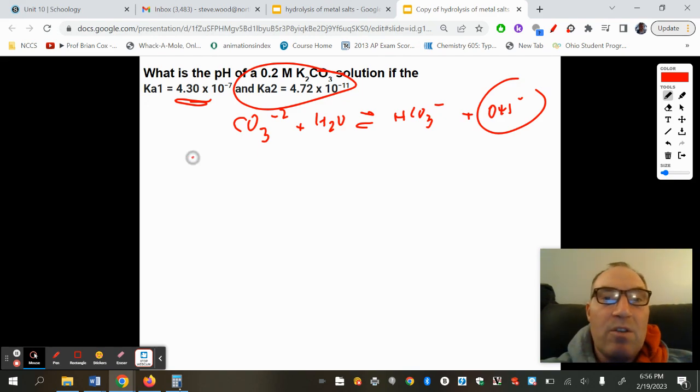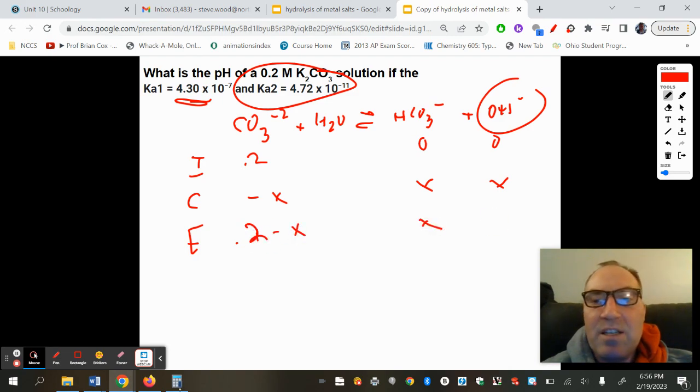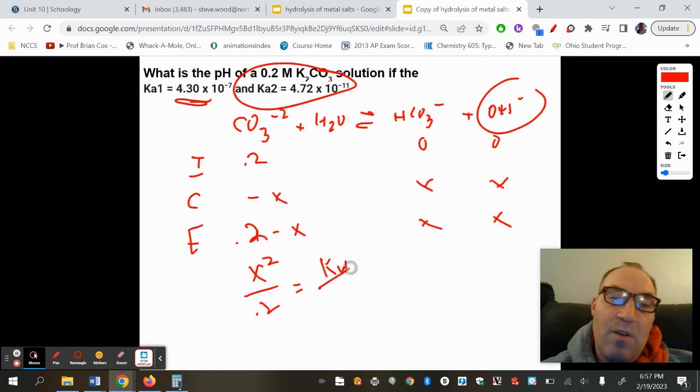Okay. So then you're going to do I, and this is going to be 0.2, right? It's a strong electrolyte. This is going to be 0, 0. And it's going to be minus X, plus X, plus X. At equilibrium, it's going to be 0.2 minus X, and X, and X. So X squared over 0.2 is equal to Kw divided by Ka2.